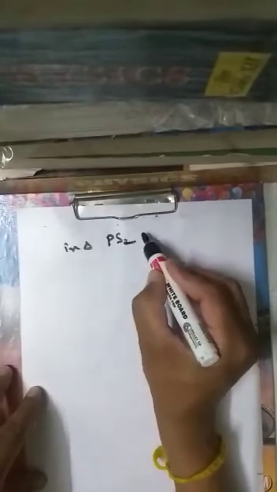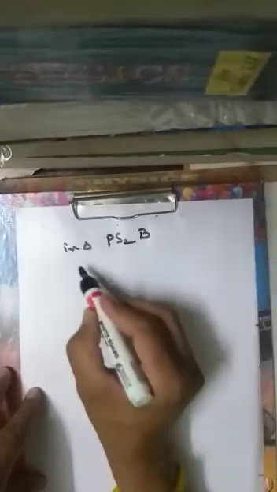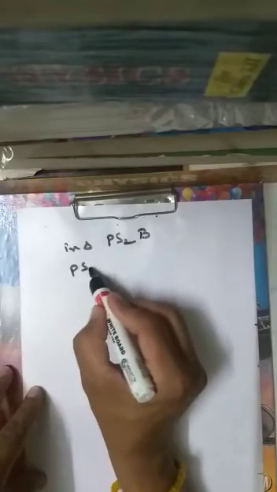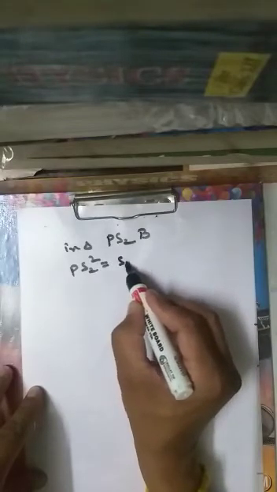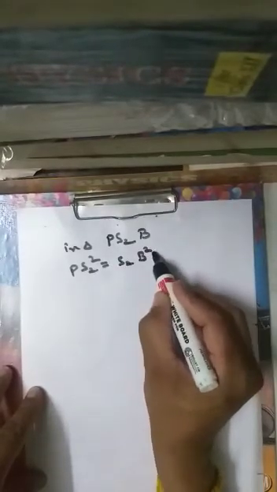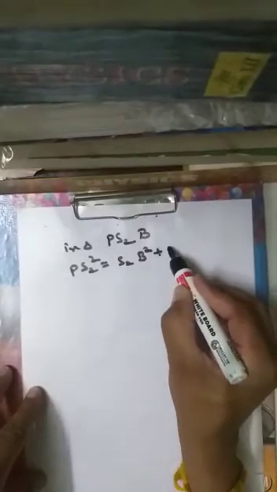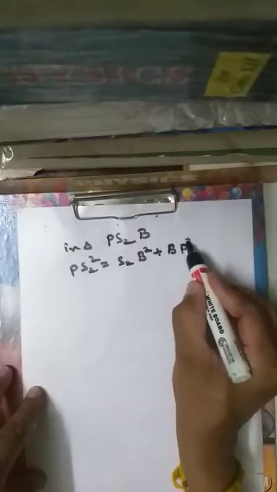In triangle PS2B, by Pythagoras theorem, PS2 square is equal to S2B square plus BP square.